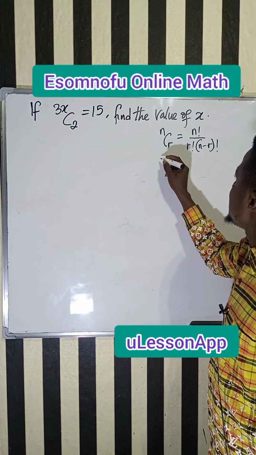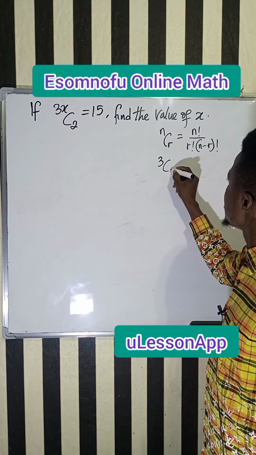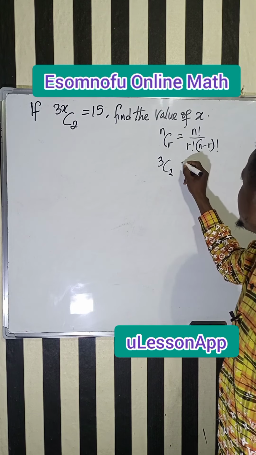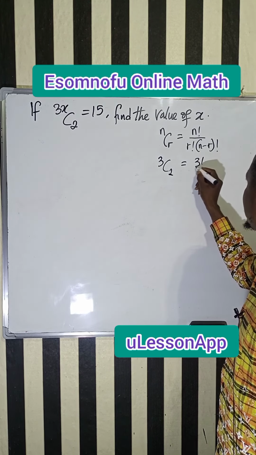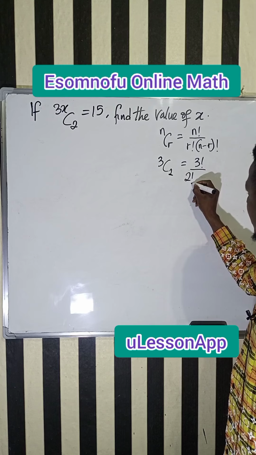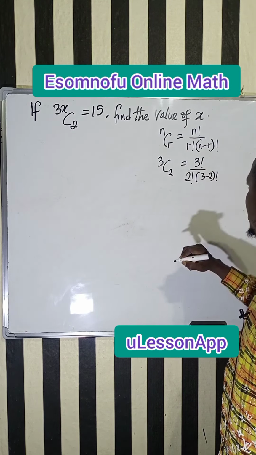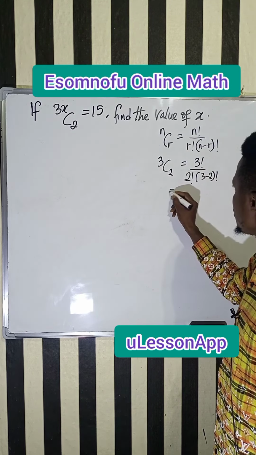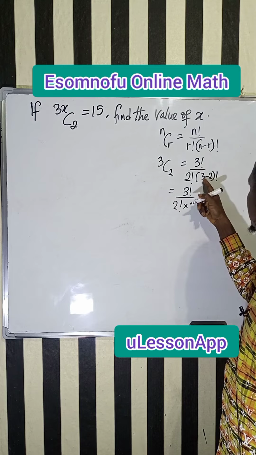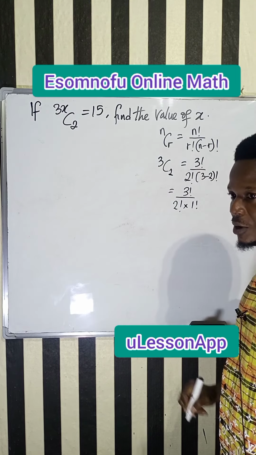Now, supposing you have something like 3 combination 2, for instance. This will be the same thing as 3 factorial over 2 factorial into 3 minus 2 all factorial, which will give you 3 factorial over 2 factorial, then times 3 minus 2 is 1 factorial.